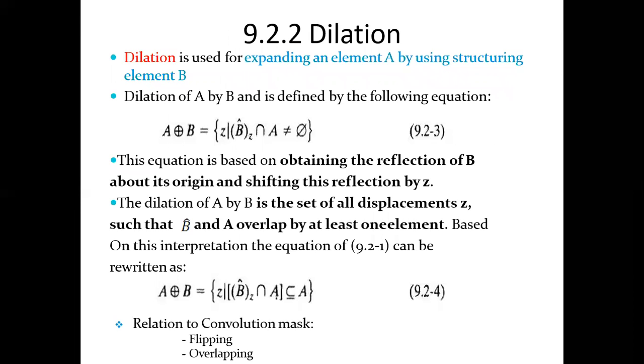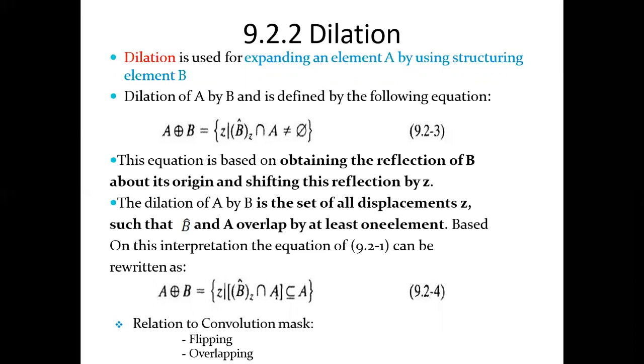Next, dilation is used for expanding an element A by using structuring element B. The dilation of A by B is defined by the following equation. This equation is based on obtaining the reflection of B about its origin and shifting this reflection by Z. The dilation of A by B is the set of all displacements Z such that B and A overlap by at least one element.